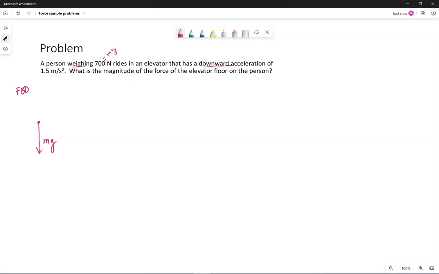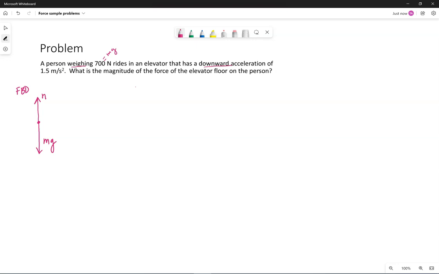You can label it as F sub g or W for weight. We know there is the floor of the elevator pushing upwards on the person. And this is a normal force because it's a surface pushing. There's no other forces acting on the person. There's nothing else in contact to produce a contact force, so there's no other push or pull. So we are currently done with our free body diagram.